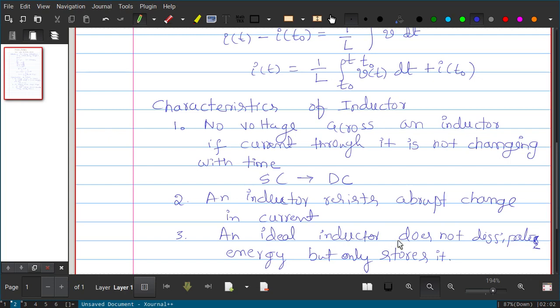However, in practice, it will have parasitic resistance, and you will see the dissipation of heat. So energy will be dissipated in a practical inductor. Okay. So now using this property number 2, we can write the initial condition with respect to the inductor.